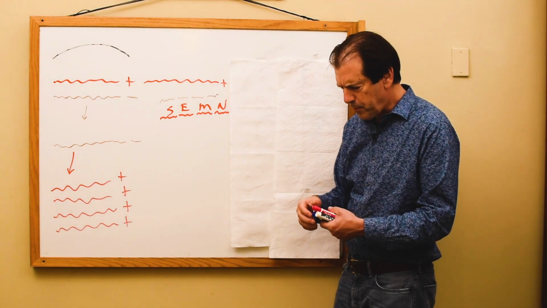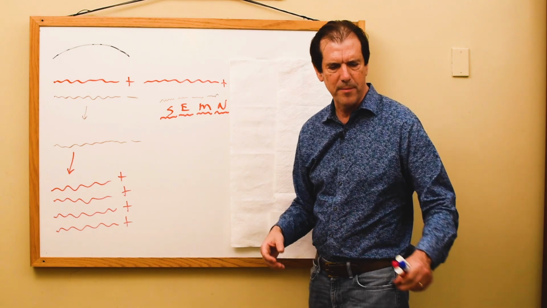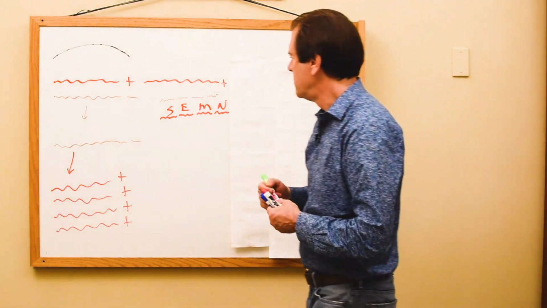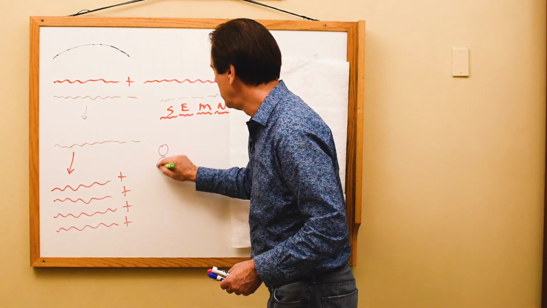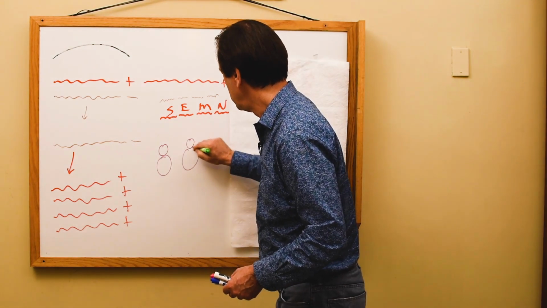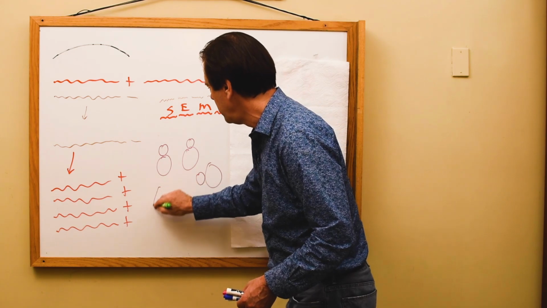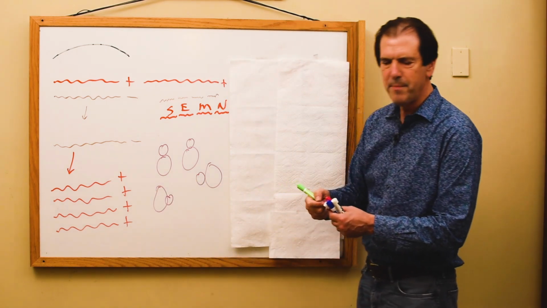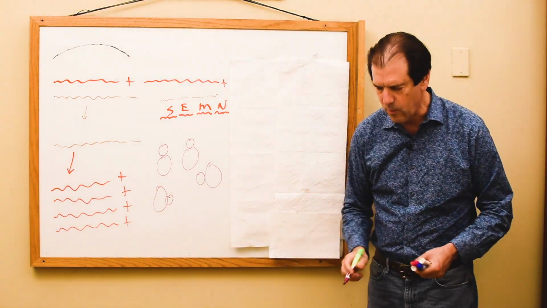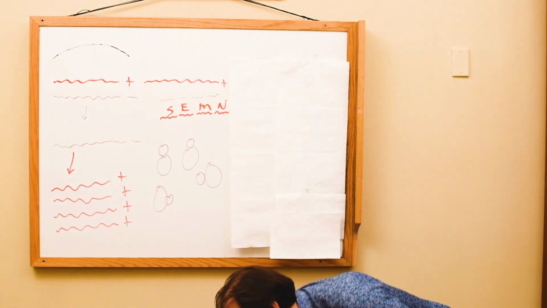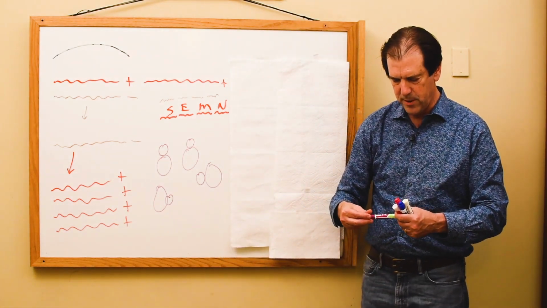Now, the problem is, the cell has a lot of ribosomes. So I'll draw some ribosomes here. And these are all over the cell. But those ribosomes, they're not sitting there waiting to be infected with a virus and to make the viral proteins.